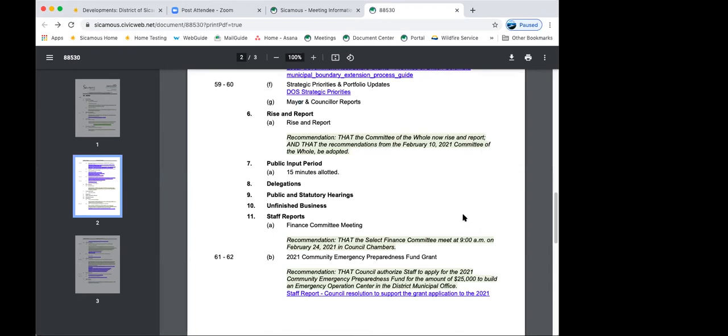Hi, so I've been talking to the Sicamous Bible Church, and they would like to once again do a cleanup of the seniors' flower beds, but they would like to coordinate it and have it on the same day as the community cleanup. They're thinking that that raises the profile of the activity somewhat in terms of them promoting being an active part of supporting the community.